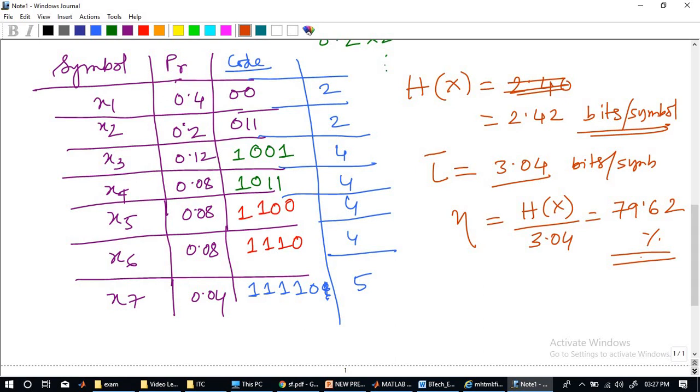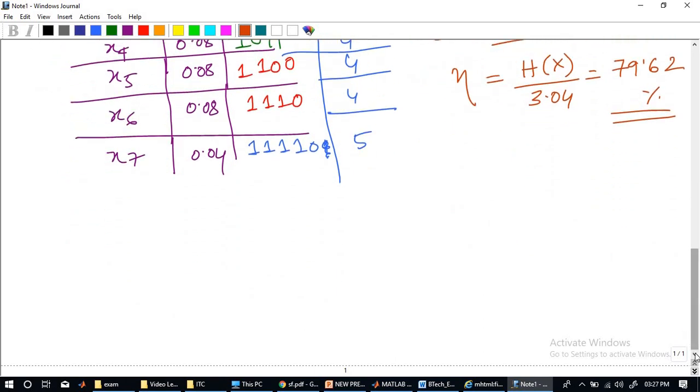Can anyone quickly do it for Shannon Fano? Is it clear? Everyone got the idea? These are the tabulation. If you at all are not able to finish it, at least take the tabulation. Later on you can do it on your own and you can verify. That's why you will have to move ahead with Shannon Fano.